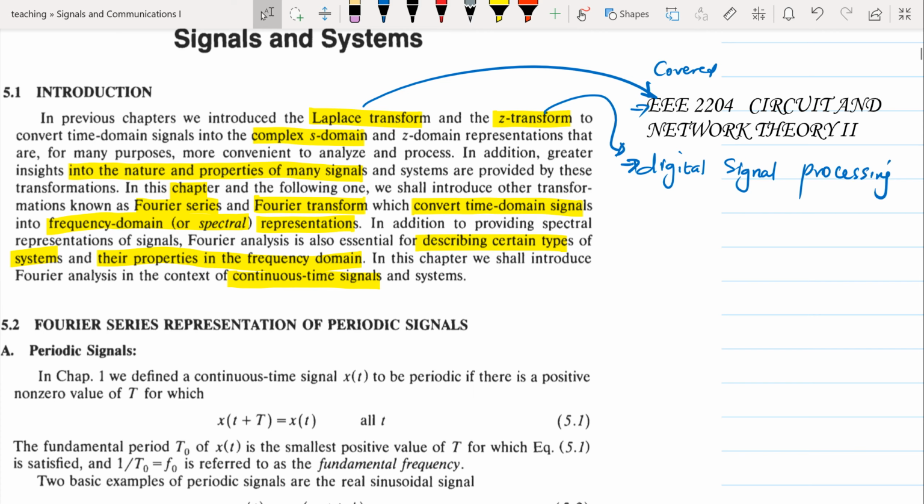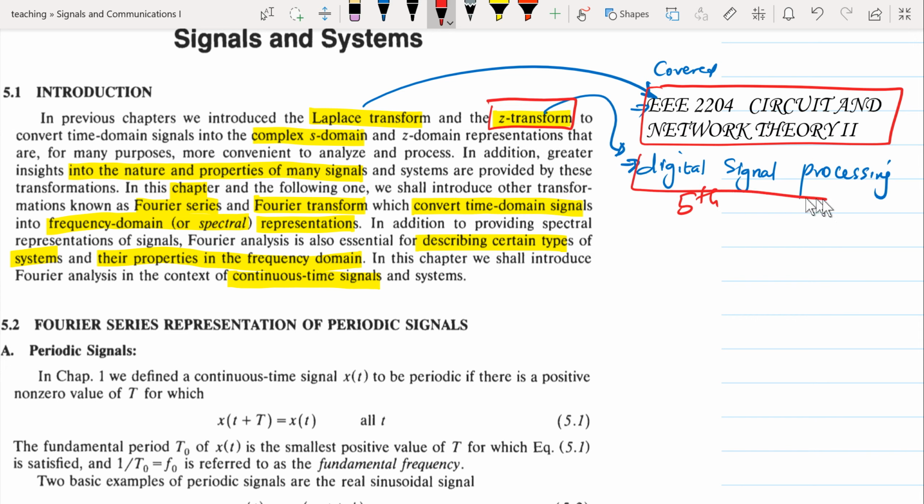As a way of introduction, you have already covered the Laplace transform in the unit circuit and network theory 2. I also figured out that you are going to be covering the Z transforms in a unit in 5th year called digital signal processing.